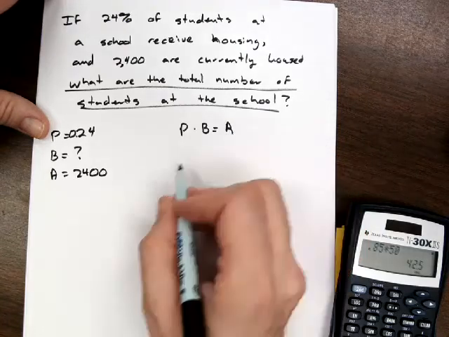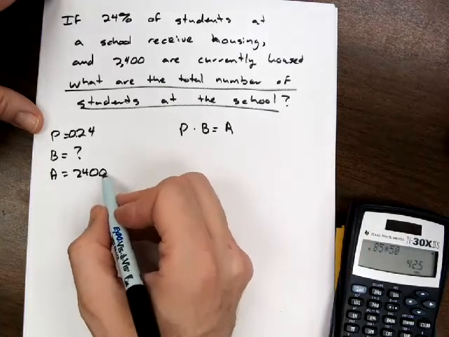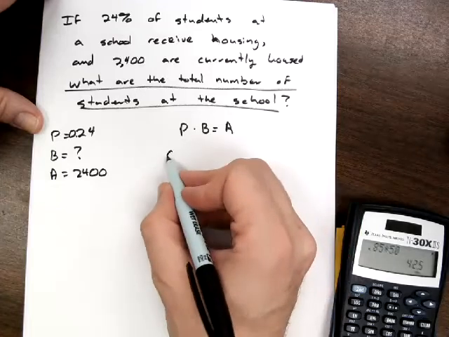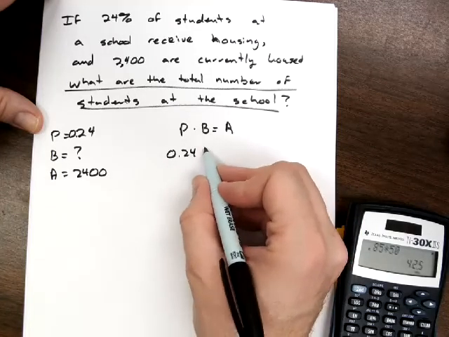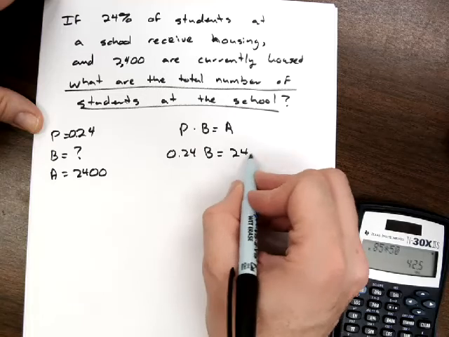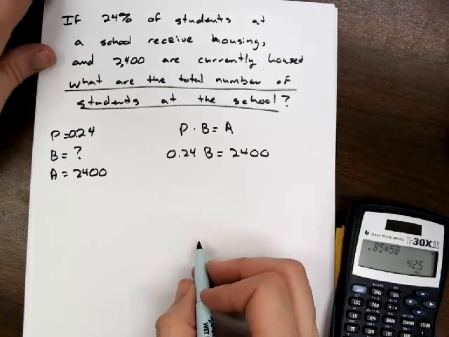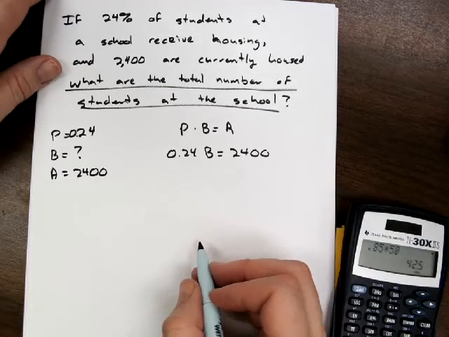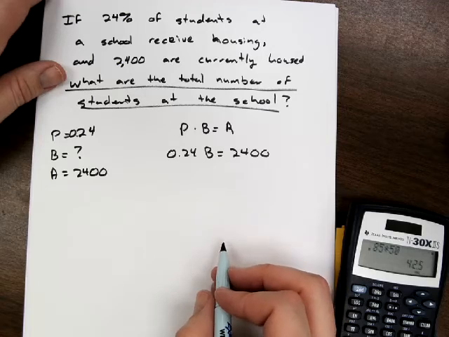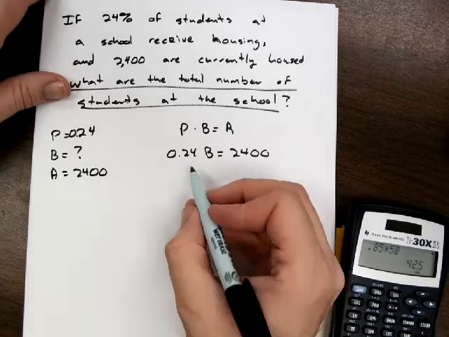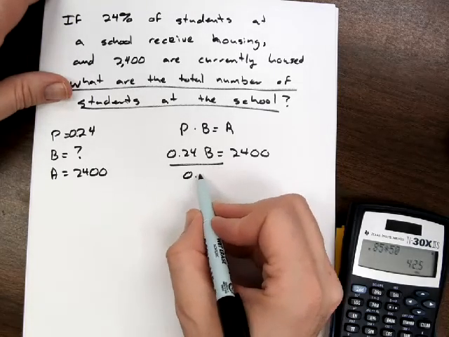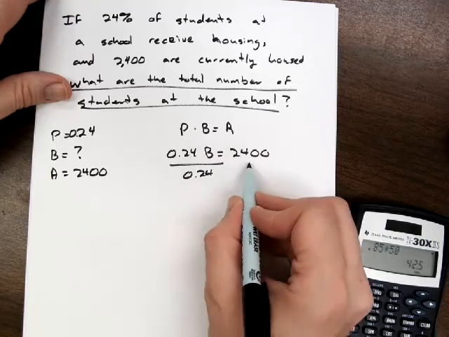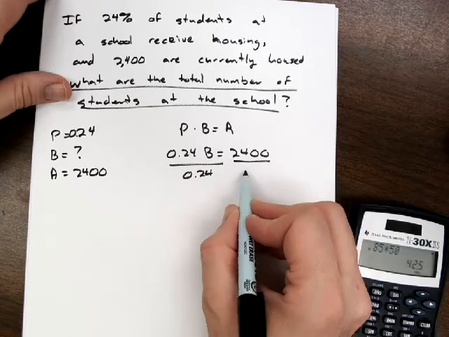And once again, we're just going to plug our numbers into our equation. This is going to be 0.24 times our b is equal to, in this case, 2,400. In order to solve this, we're going to go ahead and divide both sides by 0.24. Because remember, our goal is to isolate that variable.